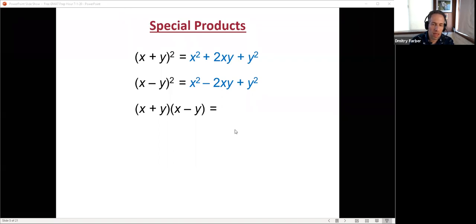So this is the one time where I will also have a negative y squared because I have a positive and a negative being multiplied together. And that's how I can get a negative, right? So if you were to think about this again as sort of FOIL, first, outer, inner, last terms, if you've memorized that acronym, we're saying x times x is x squared. X times y is minus xy.